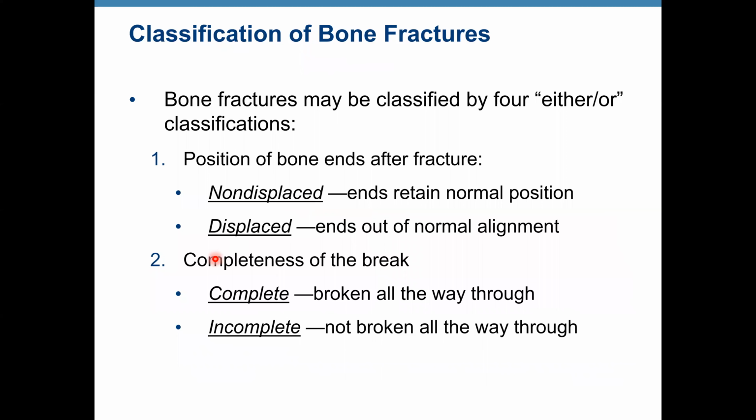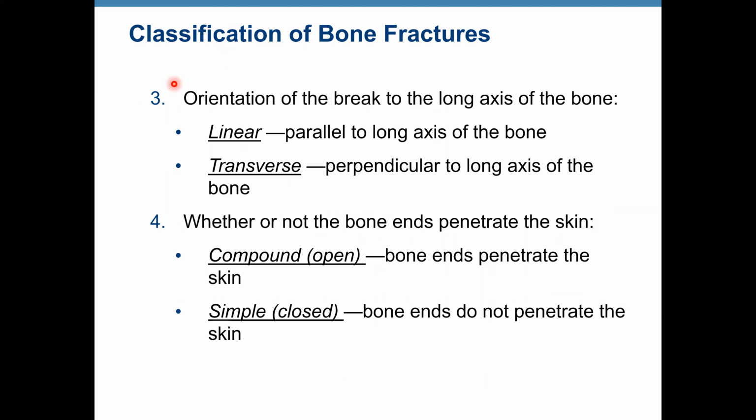We can classify it based on completeness of the break, complete or incomplete. We can classify it based on orientation of the break, linear or transverse. We can classify it on whether or not the bone ends penetrate the skin, and it will be compound or open fracture, the bone ends penetrate the skin, or simple or closed when there is no penetration.